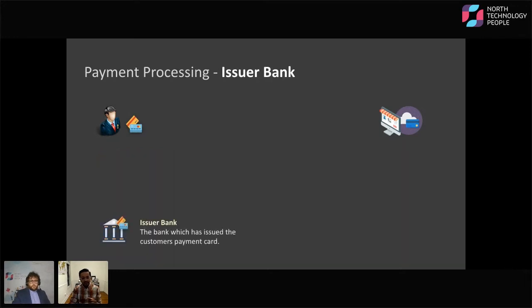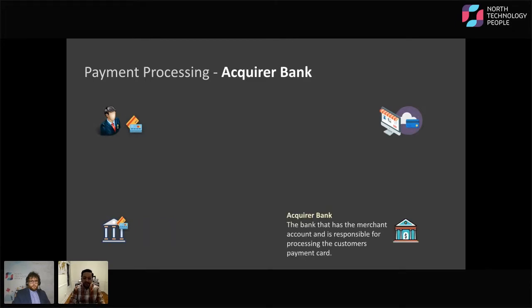And then you have an issuer bank. Think about it: the bank that has issued the card for the customer acts as the issuer bank. And lastly, this is an important role, the role of an acquirer bank. Think about your business that wants to accept money online. For you to be able to process money and accept cards, you need a backing merchant account, which is a special type of account.